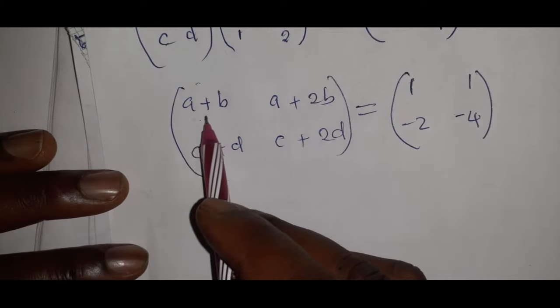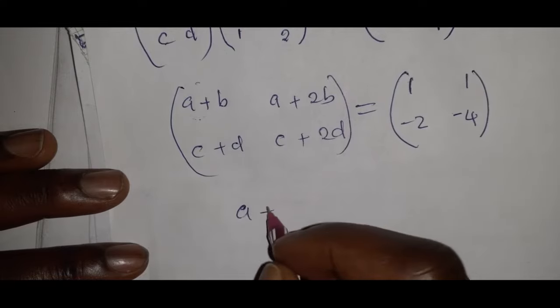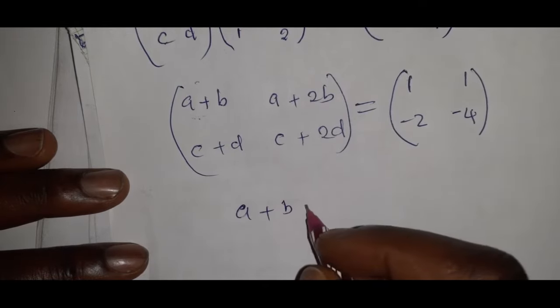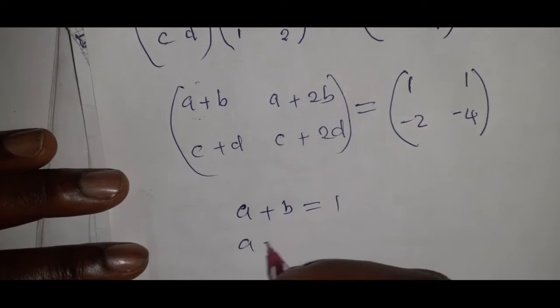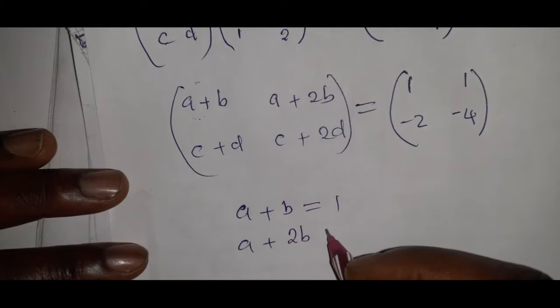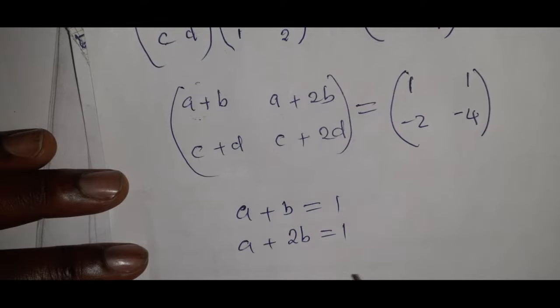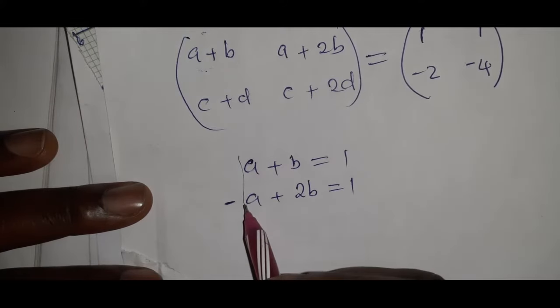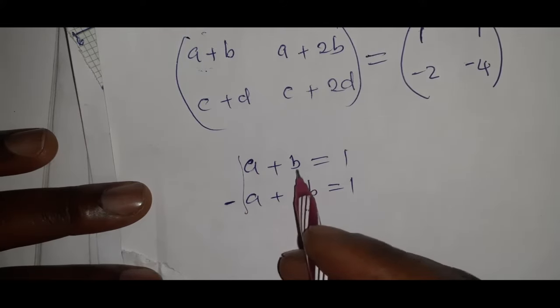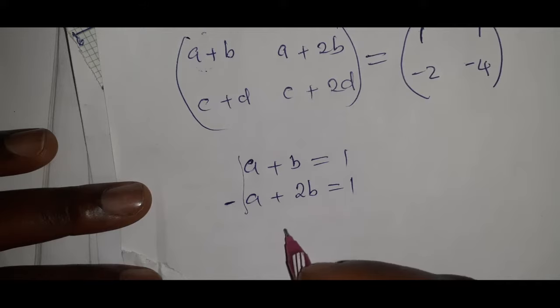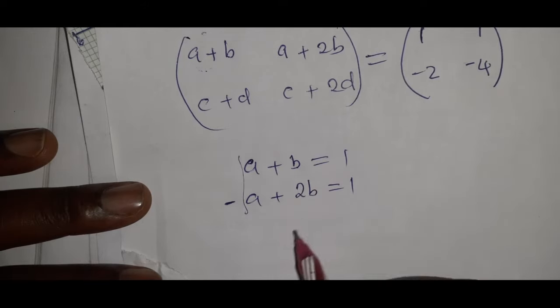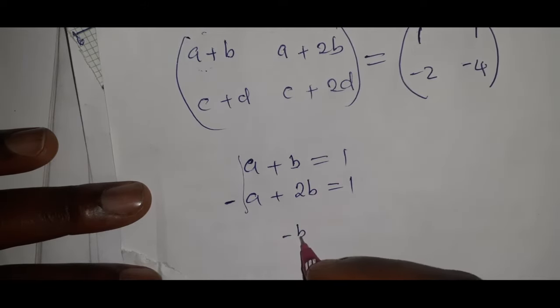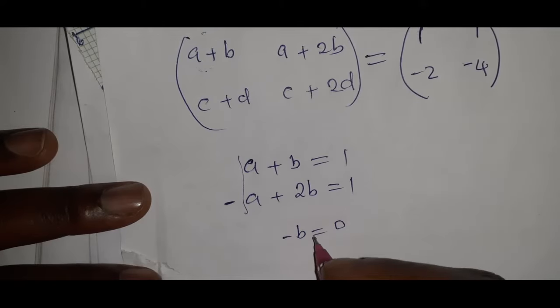So we solve this simultaneously. So we can say A plus B is equal to 1, A plus 2B is also equal to 1. So let's solve here by elimination method. This is going to be 0. This is going to be minus B. It's going to give us 0.